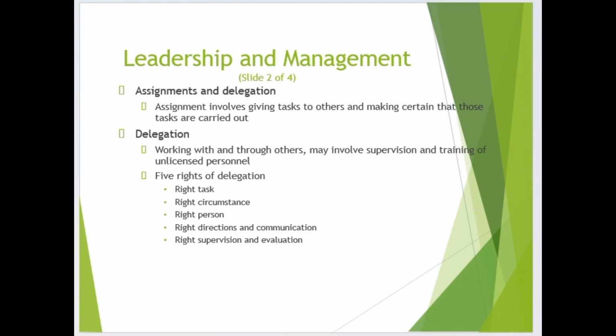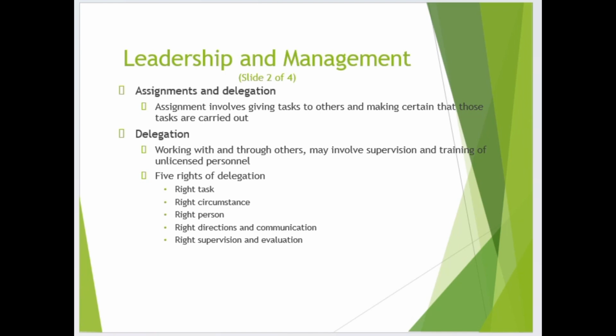But they might be leading a team that involves an LVN, a CNA, other assistive personnel, and they're making assignments, hopefully collaboratively, talking things over with people, but delegating certain tasks out to different people.